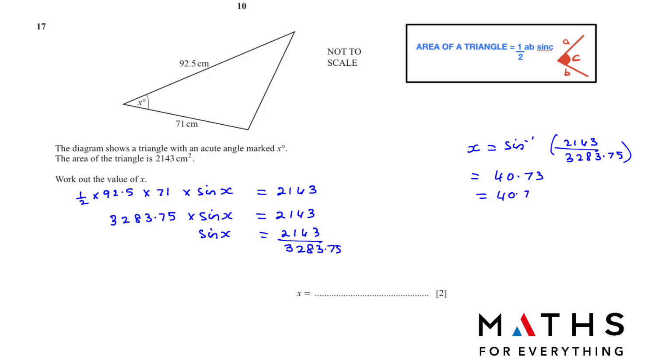Or if you find it better to write the fraction as a decimal, this will give us 0.6526. And then you do the same thing. Write sine inverse 0.6526. You're going to get the same answer.